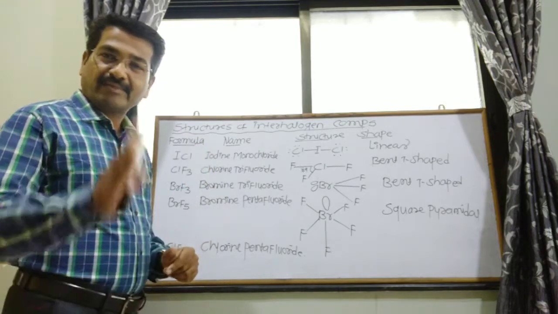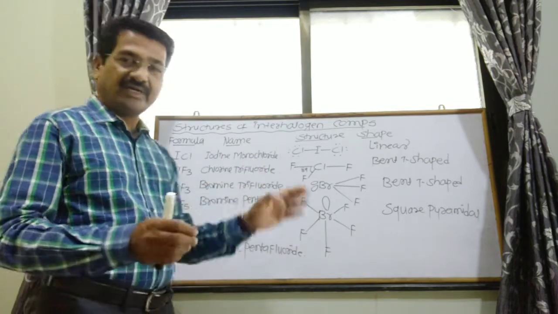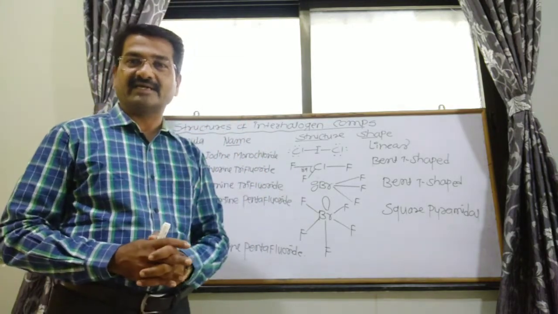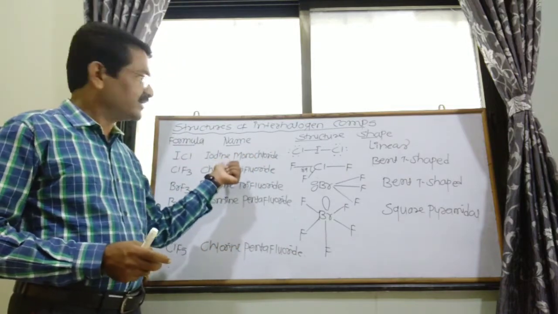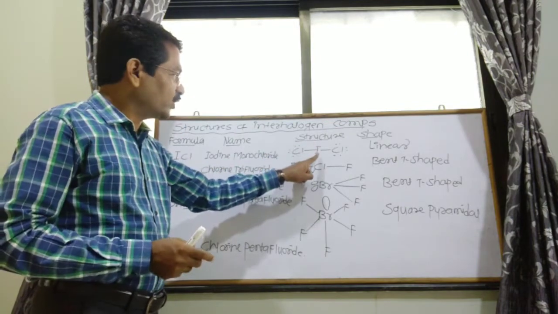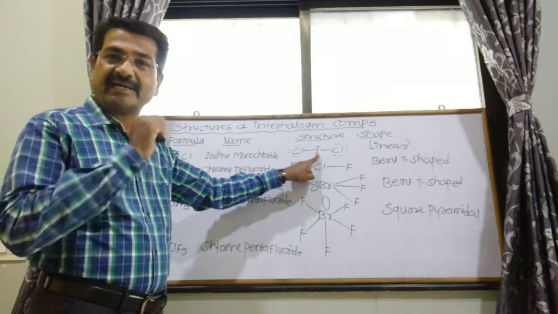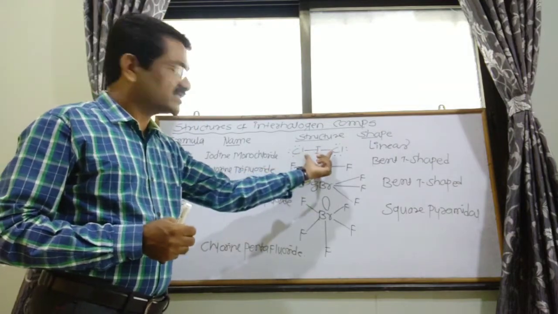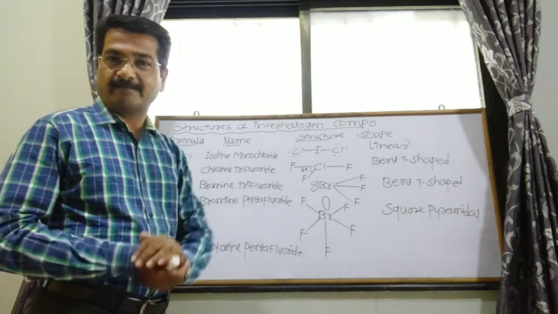First, ICl, the name of that compound is iodine monochloride, containing only one chlorine. Iodine monochloride has the structure in which iodine is the central atom, the larger or bigger atom, and chlorine is attached to the central iodine.